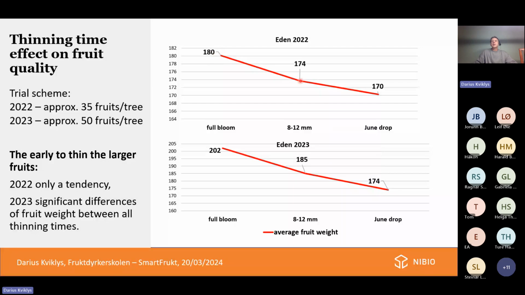But anyway, tendencies were the same. In 22, we didn't get any significant differences, but in a favorable year for fruit growing, there were very clear differences. If we thin very early at full bloom, fruits reach 200 grams, then their weight drops significantly at later thinning stages.